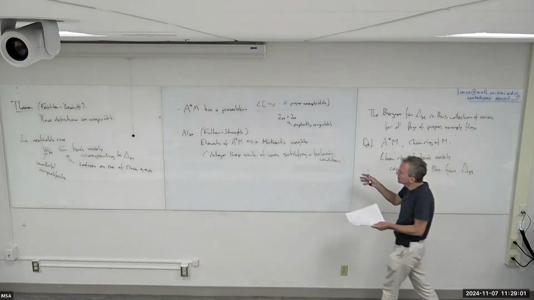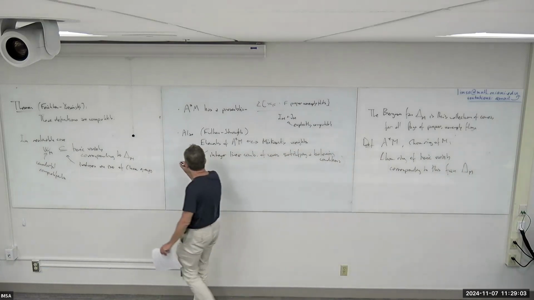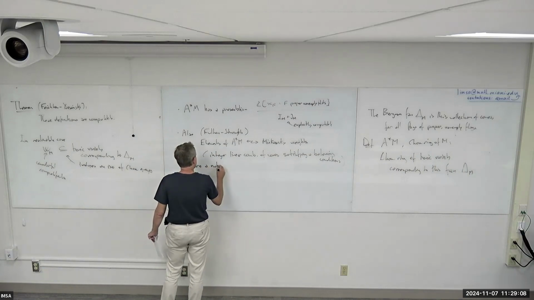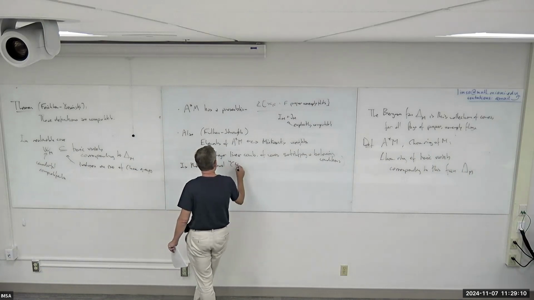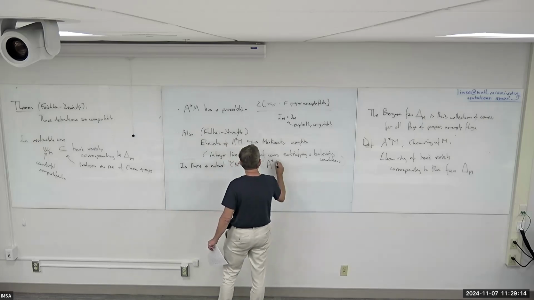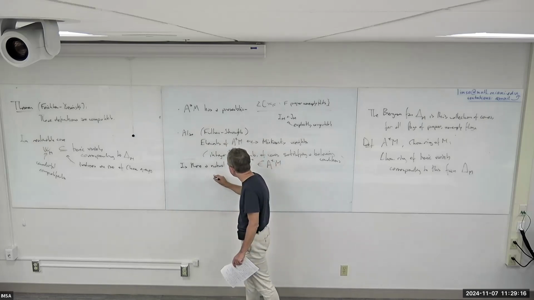Anyway, we now have a place where the CSM class should live, and is there a natural CSM class of a matroid as an element of A star of M? So what should we require?